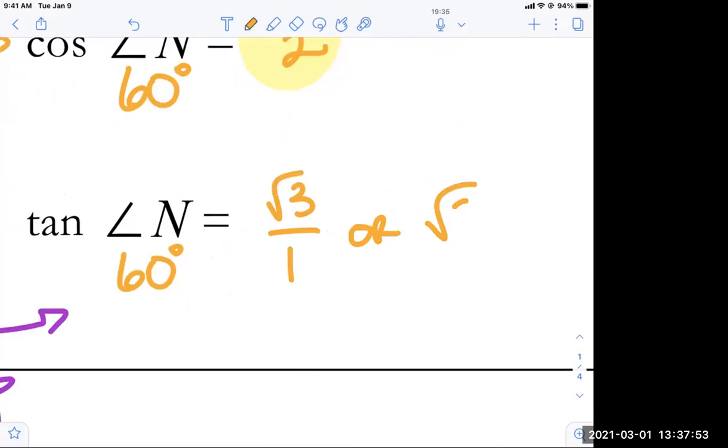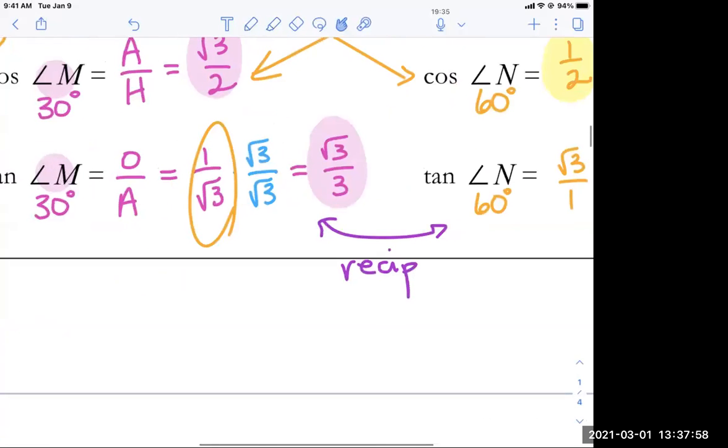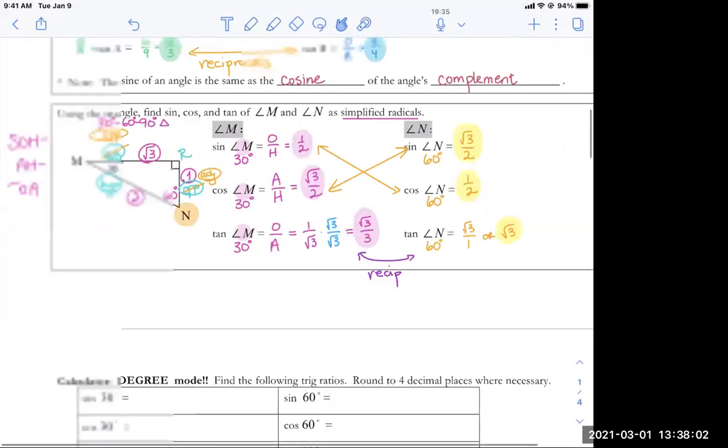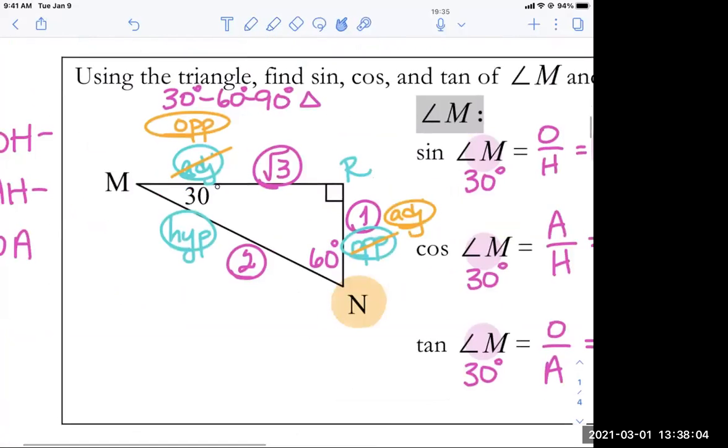So it's okay to do the reciprocal of the value that you found before. It's just going to require some simplifying. Okay, so the tangent of N is opposite over adjacent. If you look at the picture, opposite is square root of 3, adjacent is 1. So there you would also get square root of 3/1.